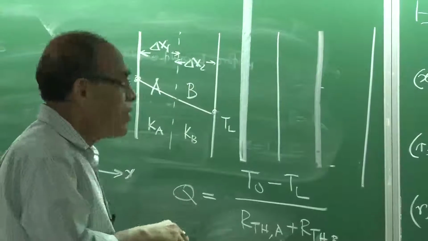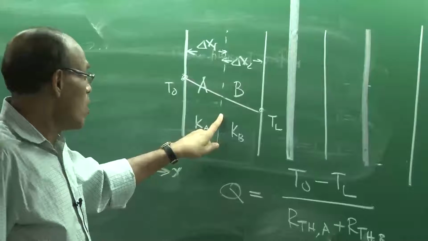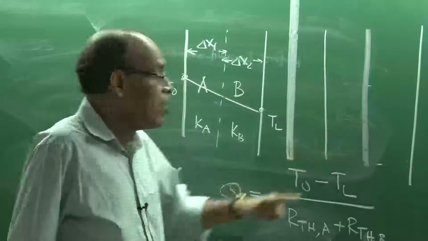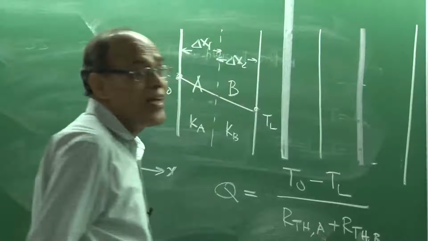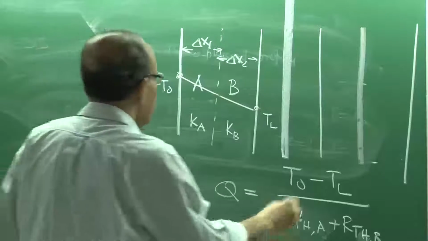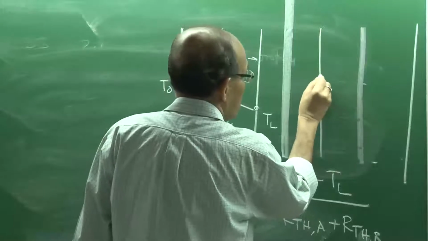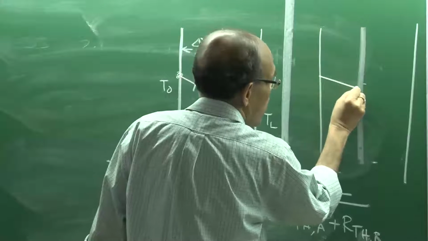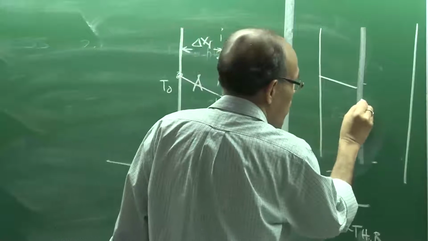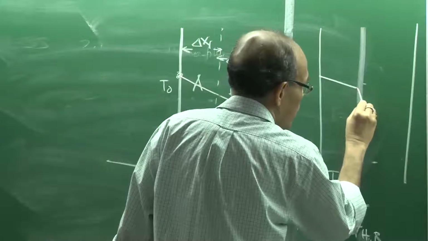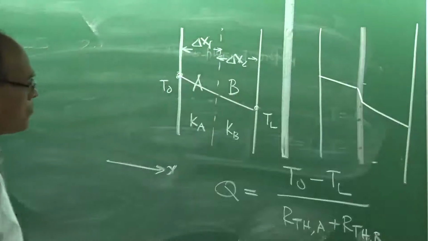But for the time being, this is the case when there is a perfect contact between A and B. On the other hand, this is a scenario in which we have imperfect contact and there is some kind of a resistance at the interface. So, now what happens? The temperature goes down, then the interface drops, and then again it goes down.